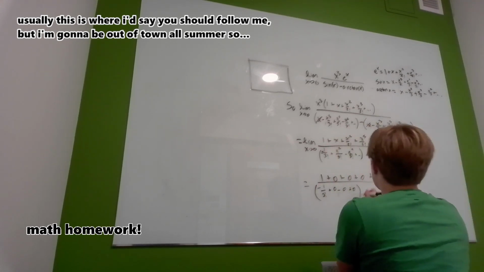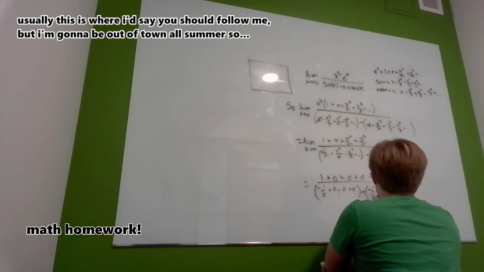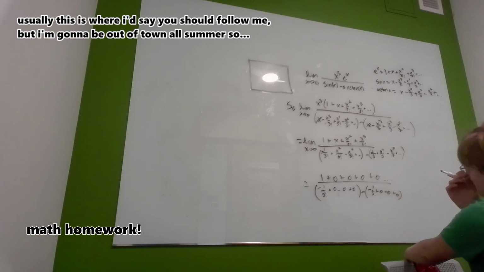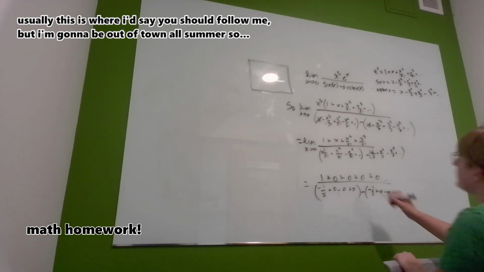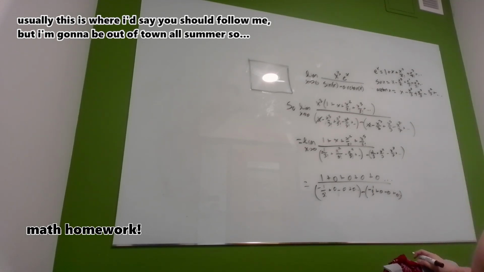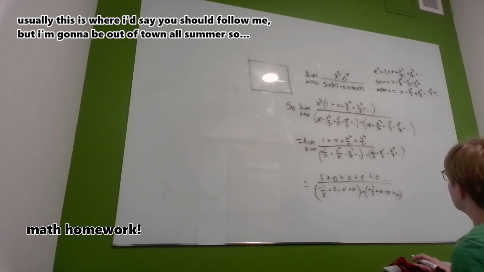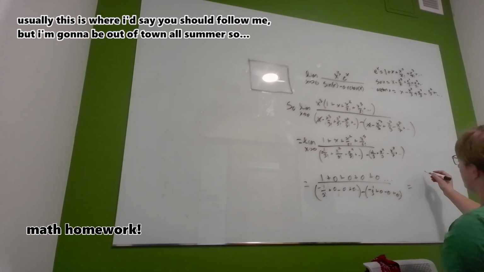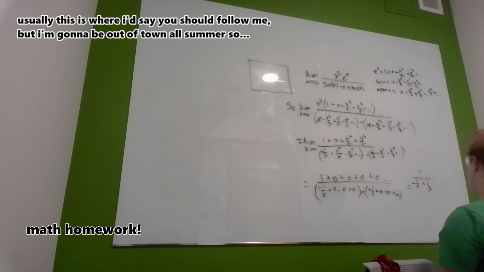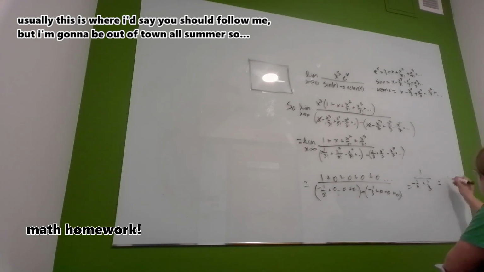Negative 1/3 minus another negative 1/3 plus 0. That equals 1 over negative 1/6 plus 1/3. So let's say equals 1 over 6.